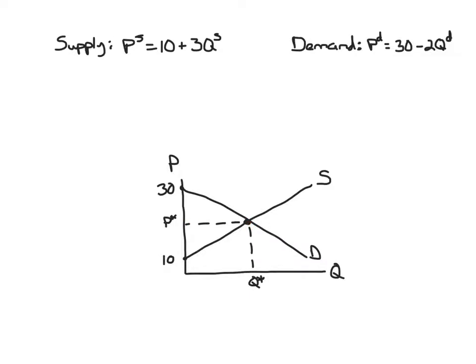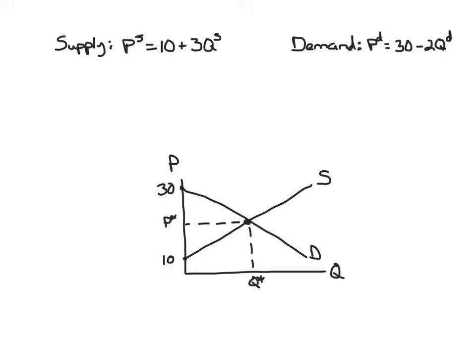The other is to plug in different values for Q in both the demand and supply equations and see at what quantity, that is, where's Q star, at what number that we plug into both of these will spit out the exact same price, that is P star. So let's start with the first method.